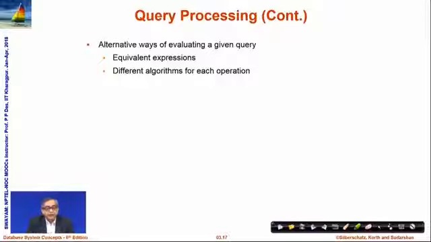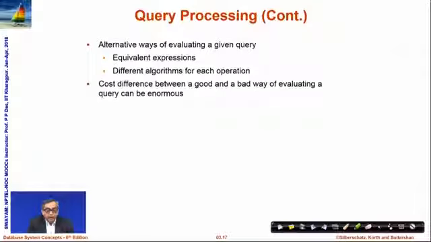So, when we do this, we need to look at alternative ways of evaluating a query. There could be different ways to write the same thing. These are called equivalent expressions, and we need good algorithms for doing each and every operation. There is a cost between a good and a bad way of evaluating.